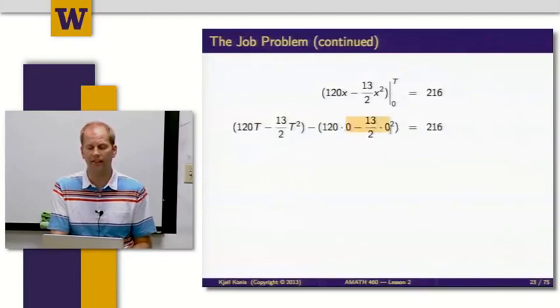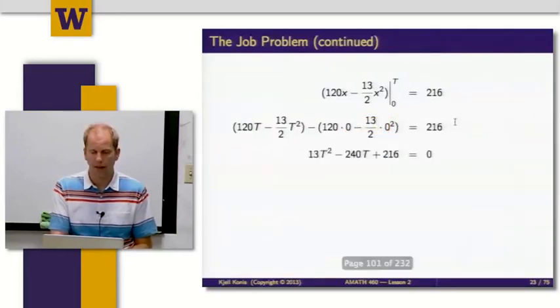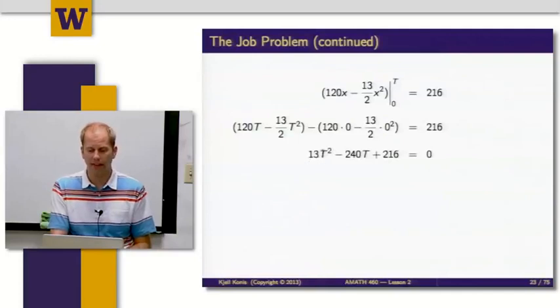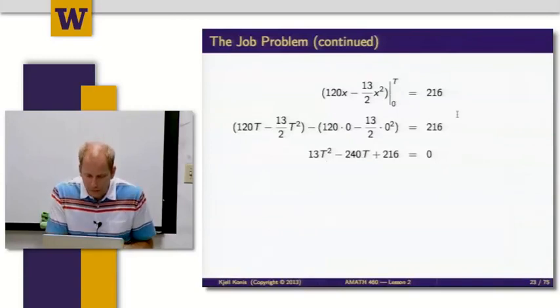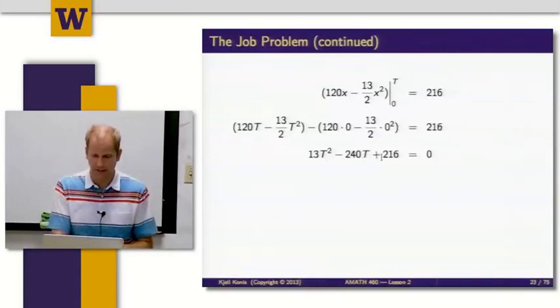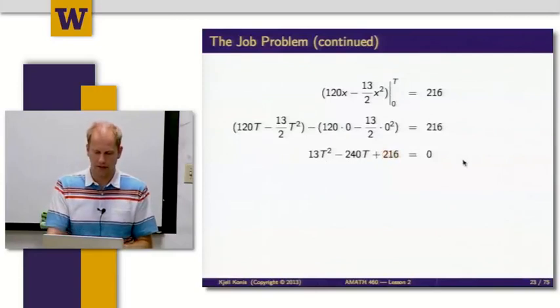And then luckily on this side, since I've got it at 0, when I plug in 0 to this antiderivative, I just get 0, so that makes things a little bit simpler. So I end up with 13t squared. I multiplied both sides of this by 2 as well. 13t squared - 240t + 216. Oops. I think I forgot to multiply that bit by 2.